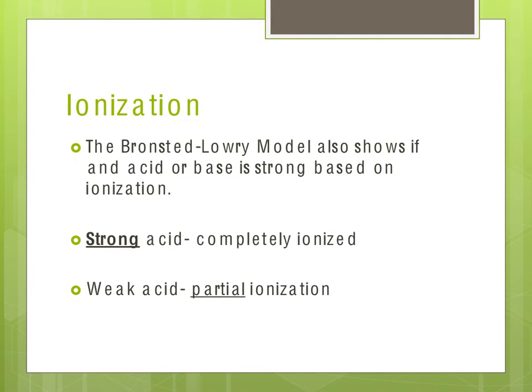A weak acid, on the other hand, only partially ionizes. It does not completely ionize when you put it in solution. So something like acetic acid, otherwise known as vinegar, when I put it in water, only some of it is going to ionize. We show that by showing a double arrow here.